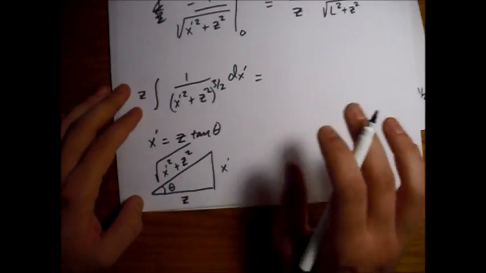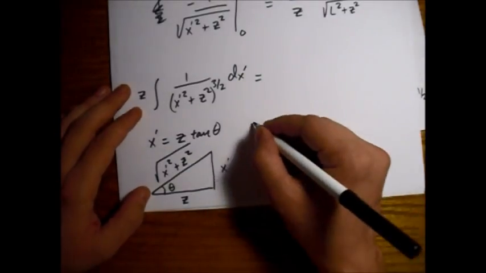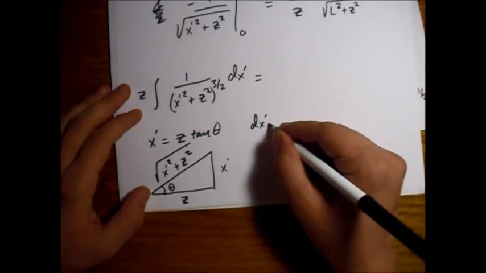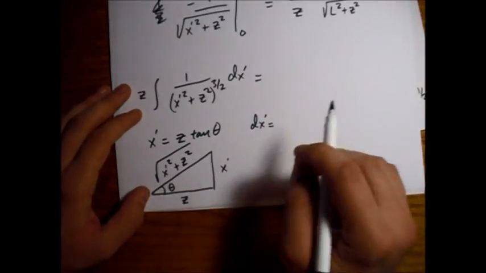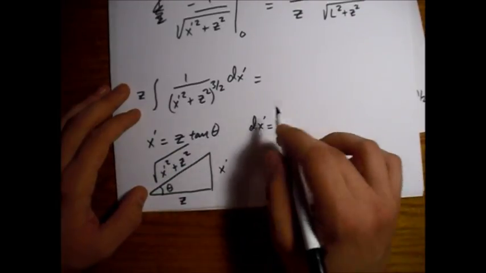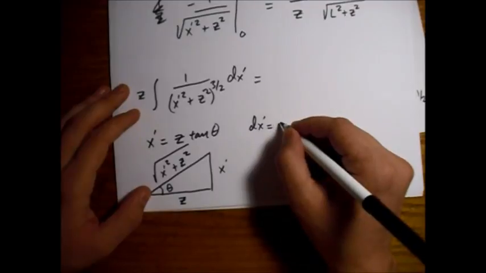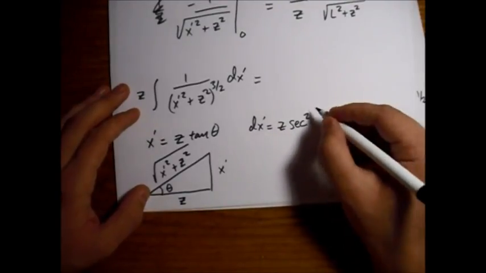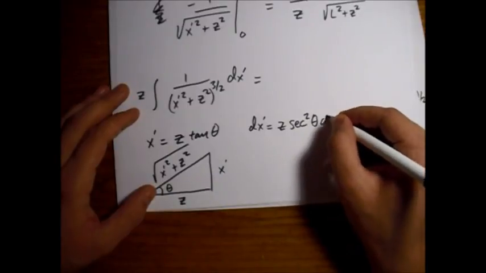We're also going to need the differential, dx prime. The derivative of tangent just gives us a secant squared of theta d theta.